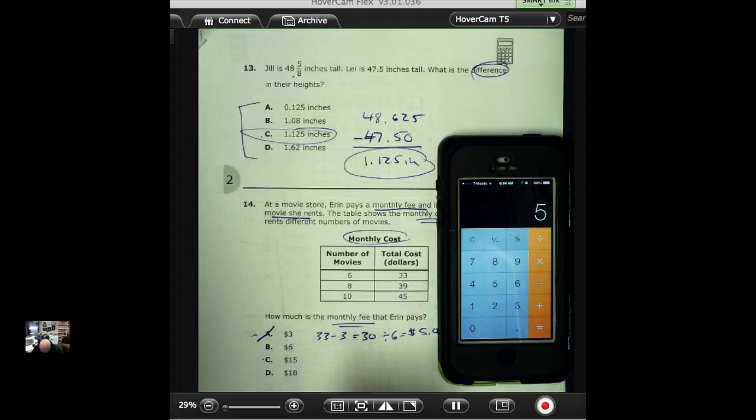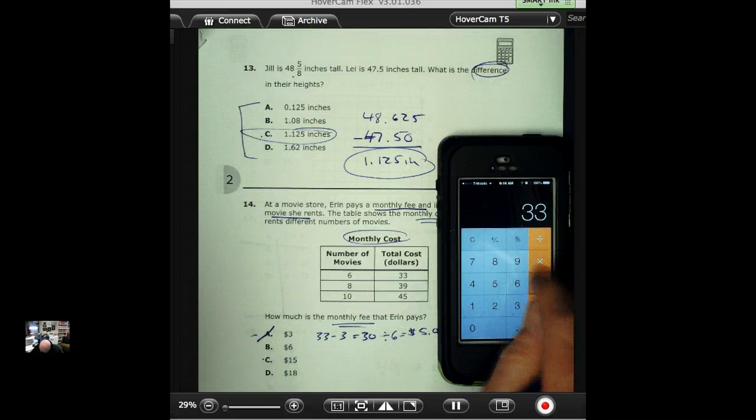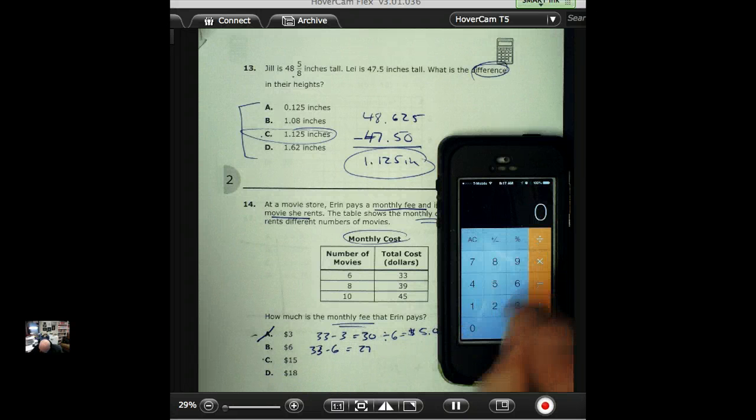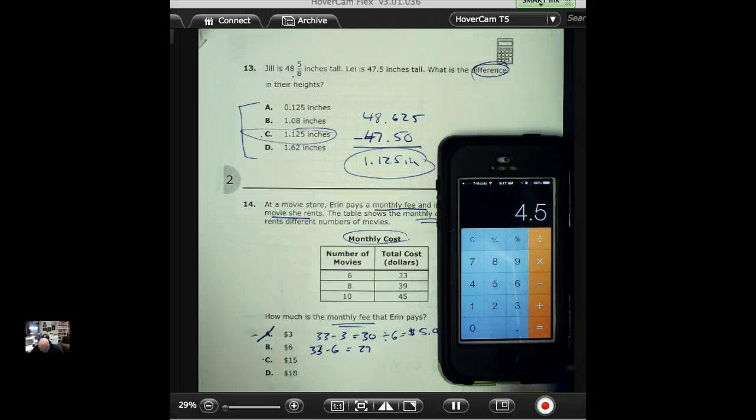It doesn't work out. So let's see if it could be $6. I'll take the $33 and subtract the $6, and I get $27. Then I'll divide that 27 by the 6 movies again. You can see I'm kind of working backwards. That'd be $4.50.